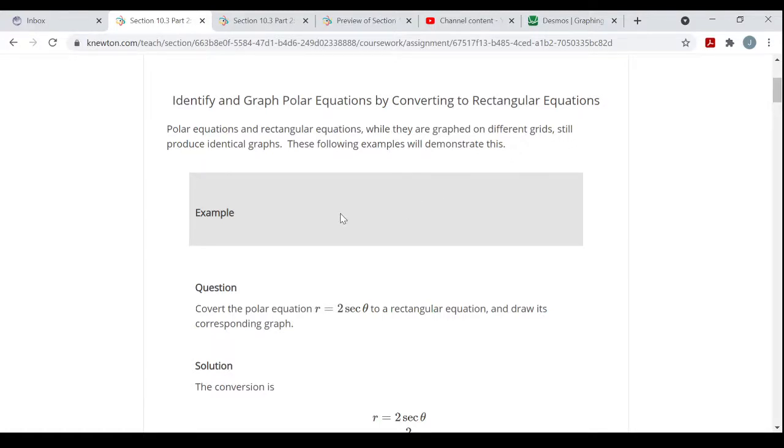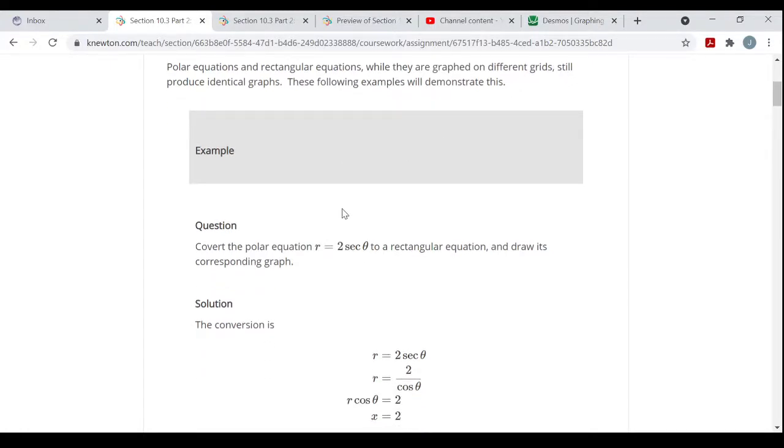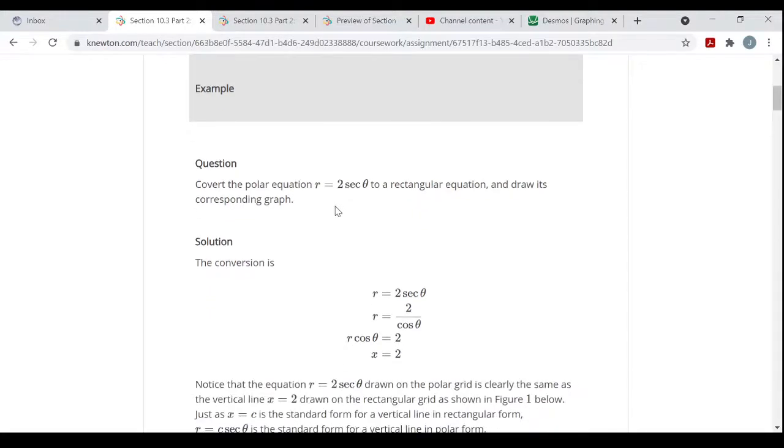I'm going to read a couple of these to you just to give you an idea as to what's going on. So here is, convert the polar equation r equals 2 times the secant of theta, the r's and thetas, to a rectangular equation, and draw its corresponding graph.